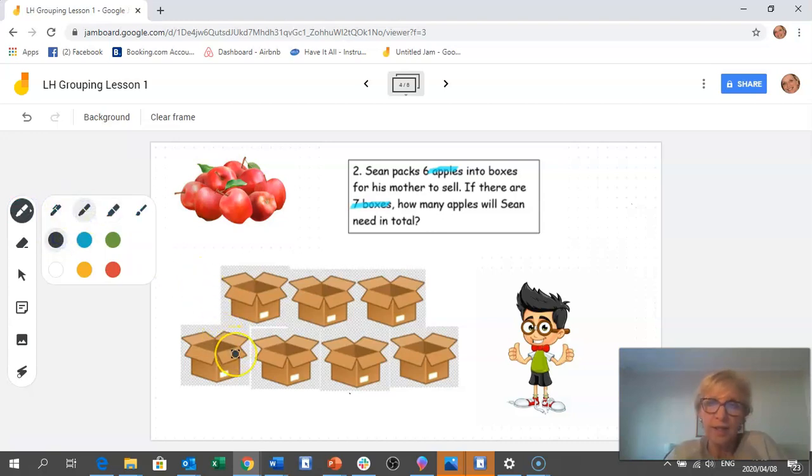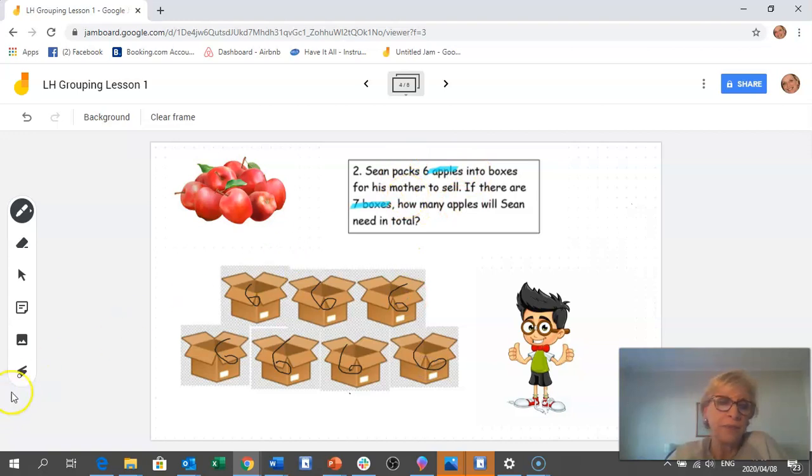Right, so let's have a look. If I put 6 apples in here and 6 apples in there and another 6 and another 6 and another 6 and another 6, there are 7 boxes with 6 apples in each. This reminds me a little bit, grade 3s.